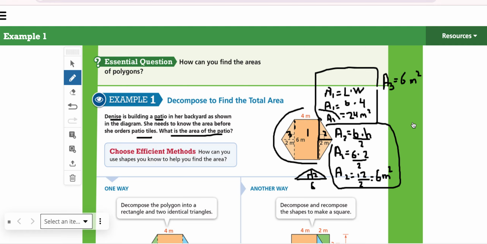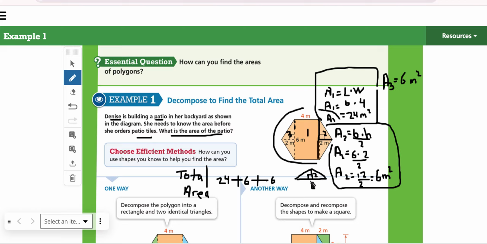So now total area, we're going to add it together. So the total area, we add together 24 plus 6, plus 6.